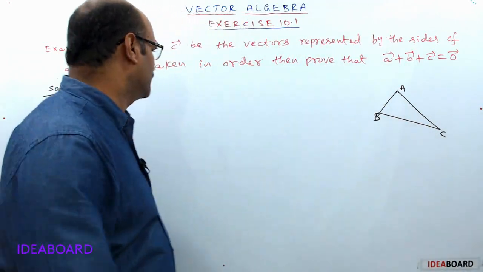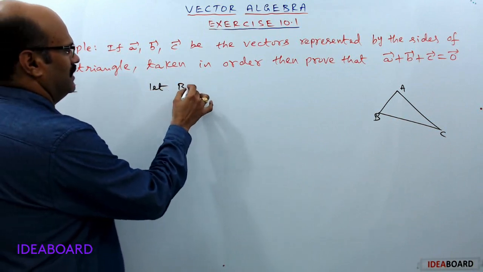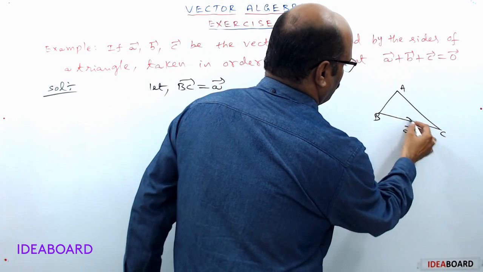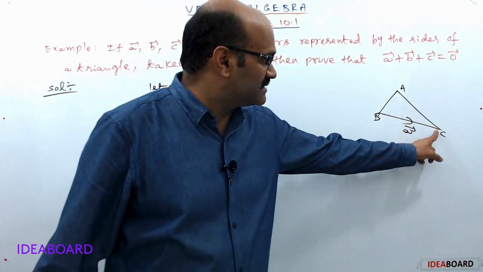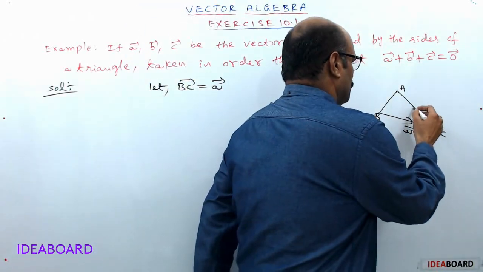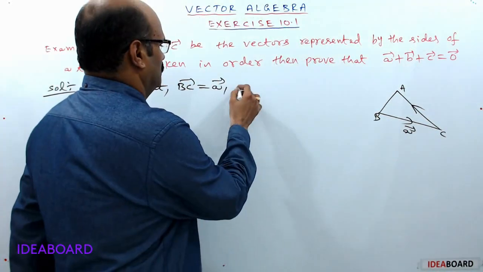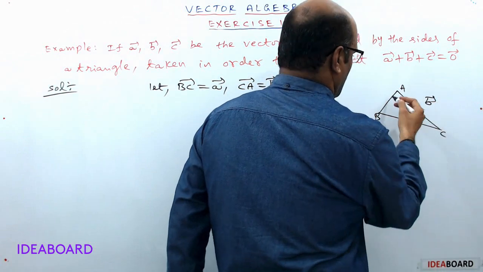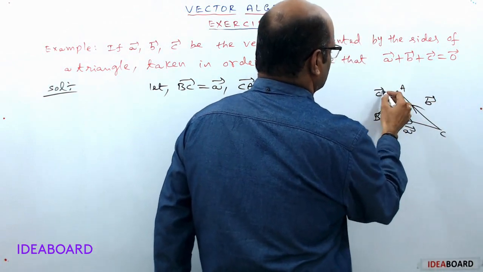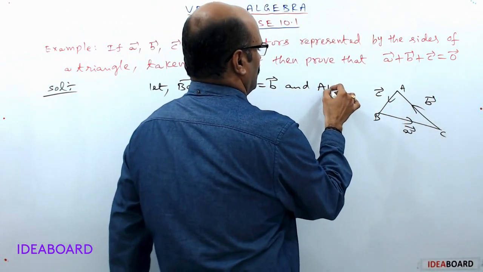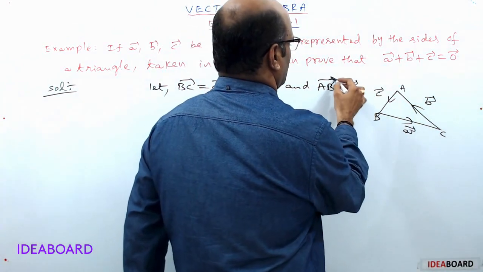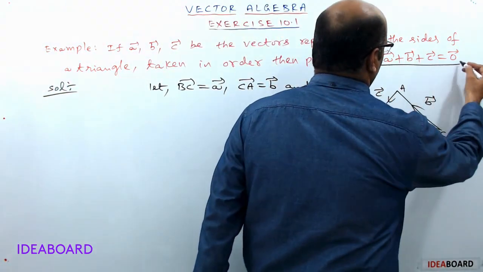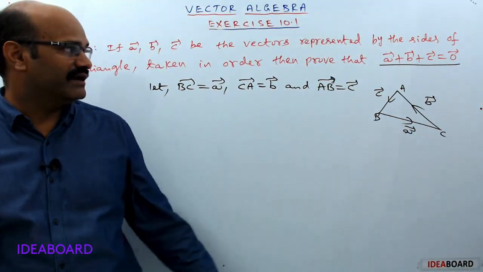Let BC vector equal A vector. Next, take CA vector equal to B vector and AB vector equal to C vector. Now we have to prove that A vector plus B vector plus C vector equals the null vector.